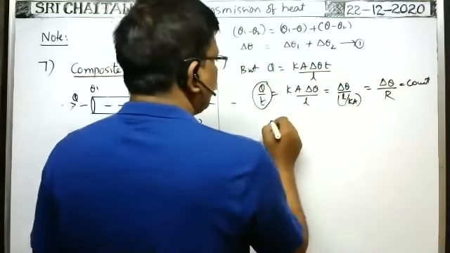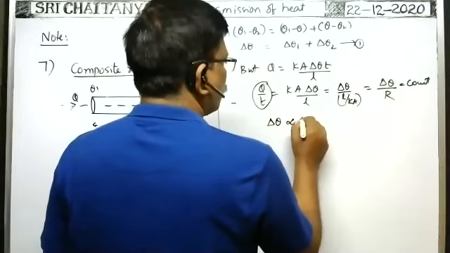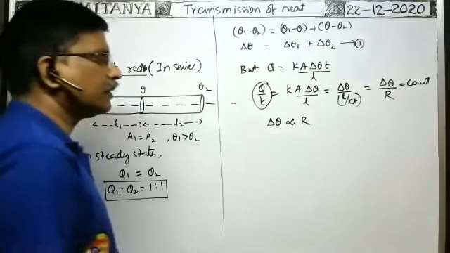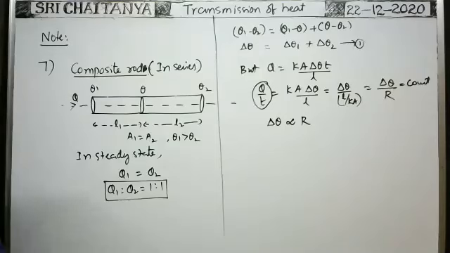Therefore, from this formula, delta theta is directly proportional to thermal resistance.